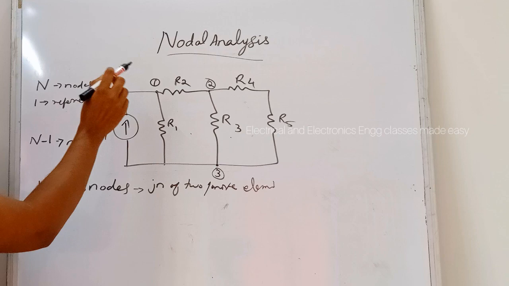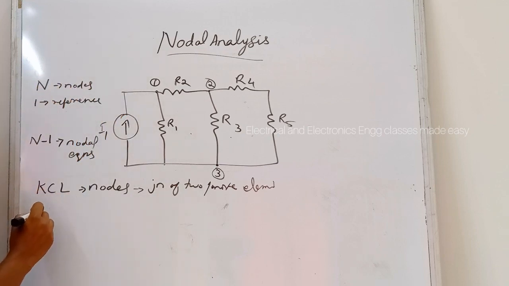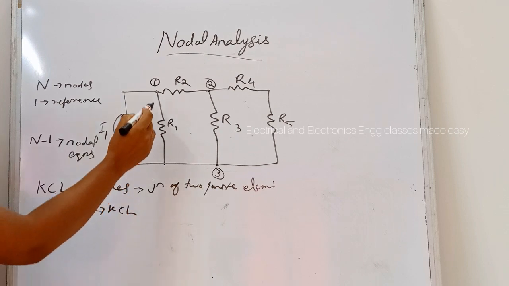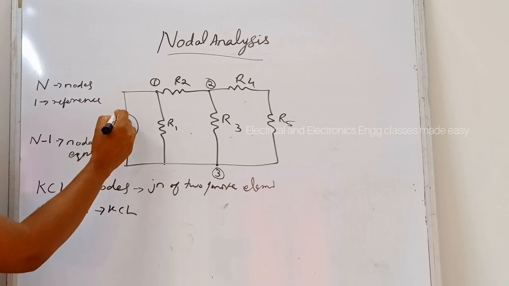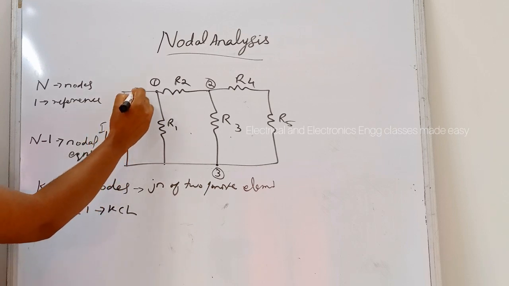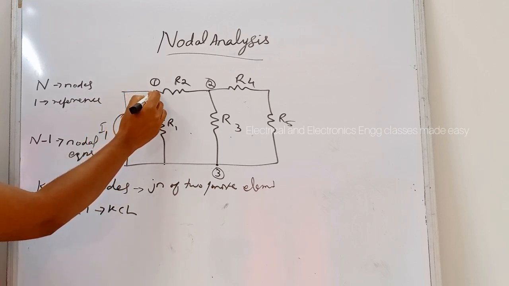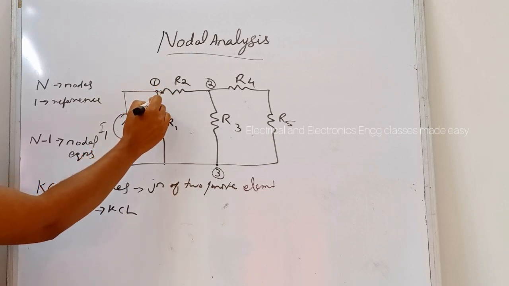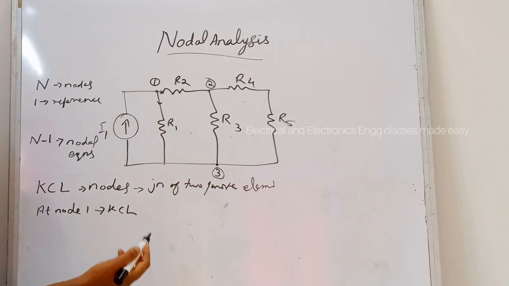So at node 1, applying KCL, we can write: I1 is entering node 1, and through the resistors we assume the currents are leaving.